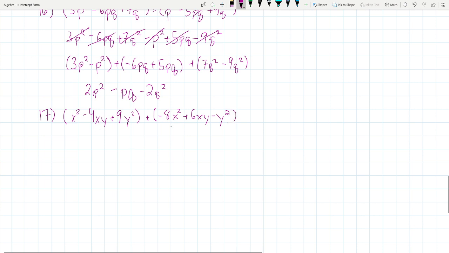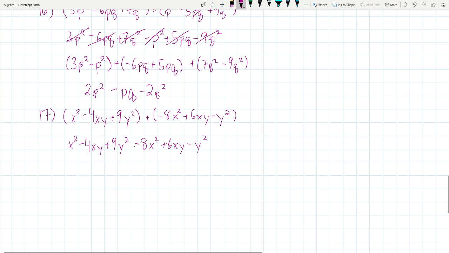We're going to again go through, make sure nothing happens. I need to drop these parentheses, so I get x squared minus 4xy plus 9y squared minus 8x squared plus 6xy minus y squared, because that plus didn't change anything.